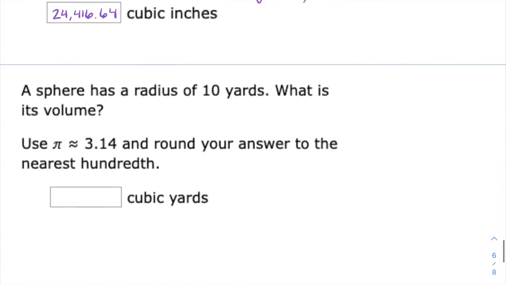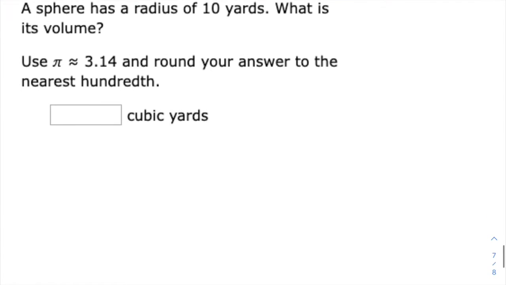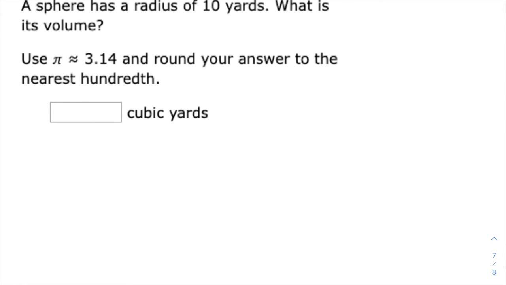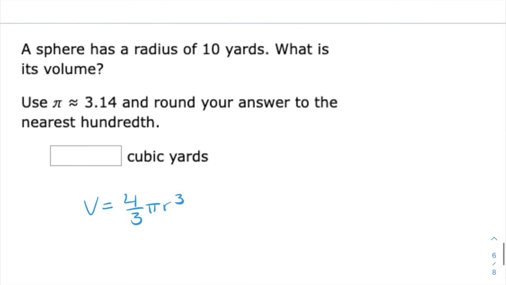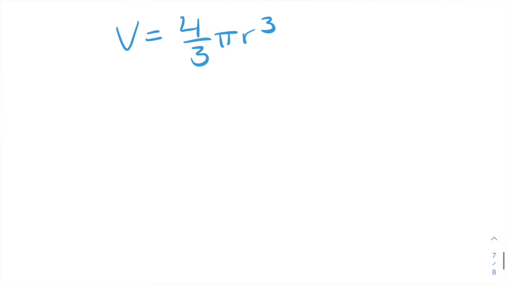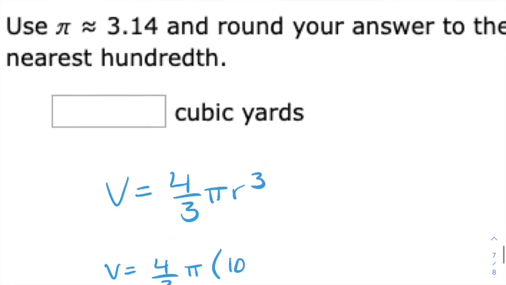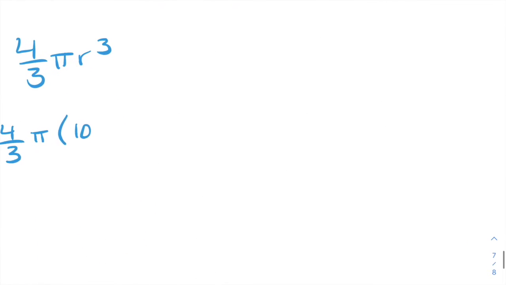Okay. The only other ones are like this one. It's just a word problem. That's as difficult as they get. So volume equals 4/3 pi r cubed. R is 10. So we get volume equals 4/3 pi times 10 yards cubed.